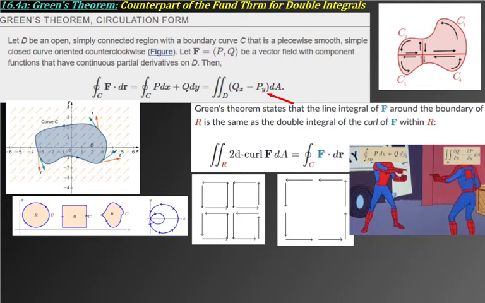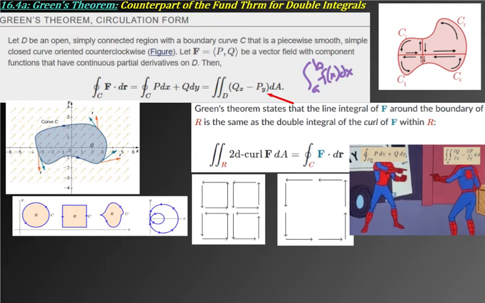So the way I think about Green's theorem, and the way I think you should think about it, is basically what I have right here. In Calc 1, you learn the fundamental theorem of calculus, where if you want to do a definite integral from a to b of f'(x) dx, you can just do f of the endpoint minus f of the beginning point, a.